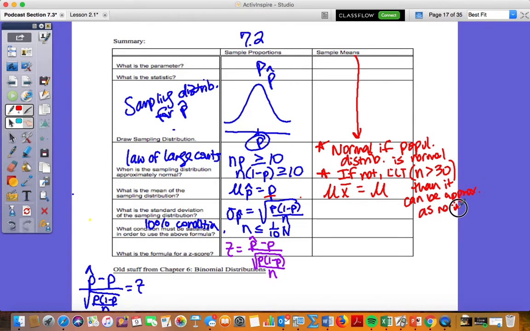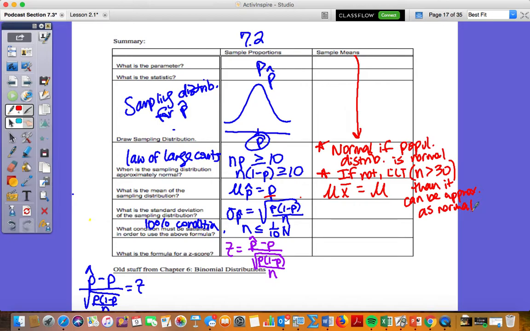What is it again? The sampling distribution for sample means. We want to make sure that this is a different world from proportions versus sample means. This is a golden nugget, knowing the difference between each of these. We're talking about the red side, which is 7.3 today. Am I making sense on this?